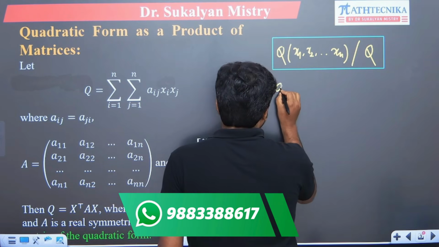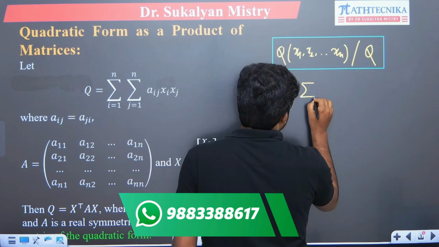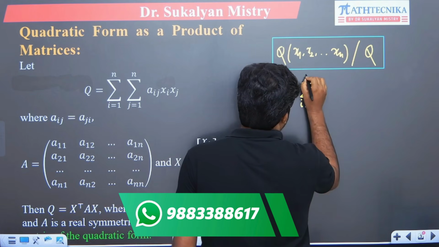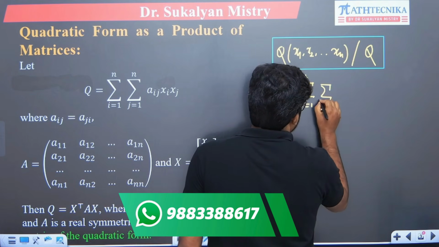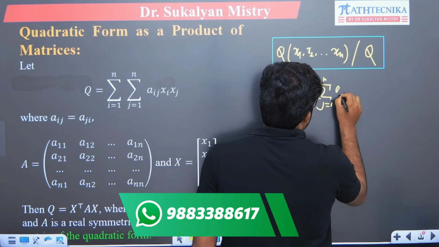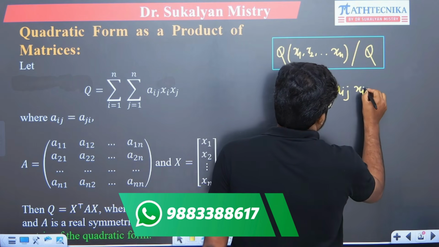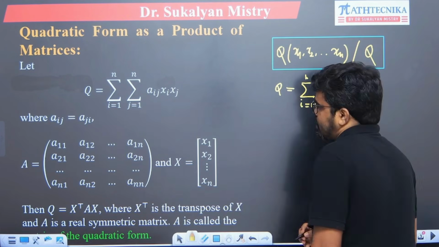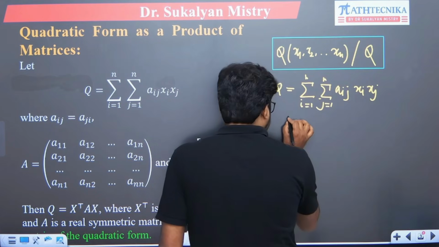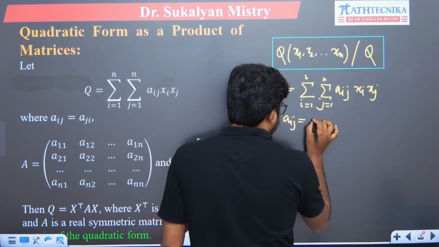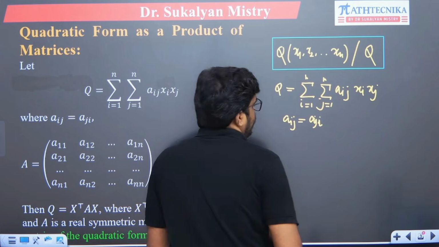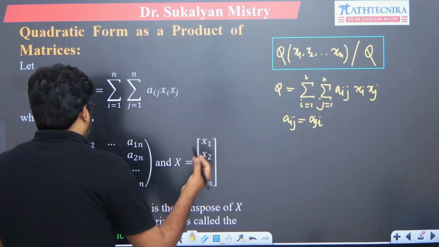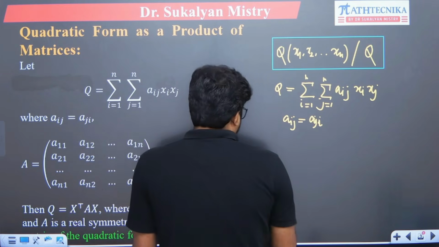Suppose q is equal to summation i equal to 1 to n, j equal to 1 to n, aij xi xj, where aij is symmetric, right? It should be noted that this is real symmetric, aij is equal to aji, and so what is the associated matrix?